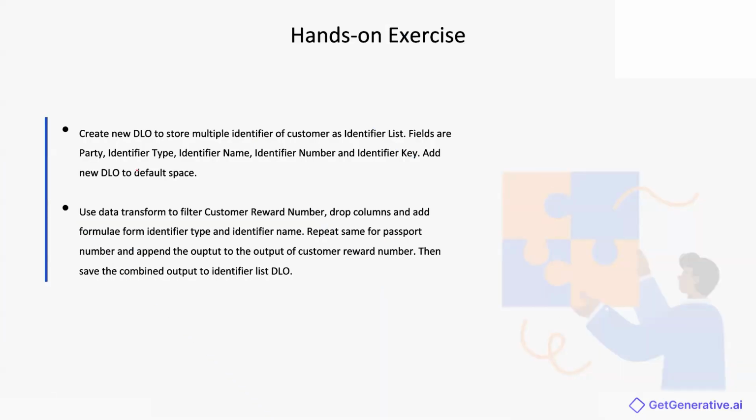Now I'll go back to the previous hands-on where we needed to create a new data lake object to store multiple identifiers for customer as identifier list. The fields will be party, identifier type, identifier name, identifier number, and identifier key. So we're going to have 5 fields within this DLO. And then we'll go ahead and perform the transformation.